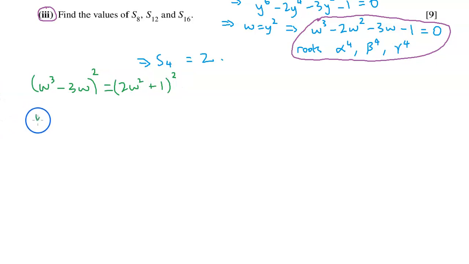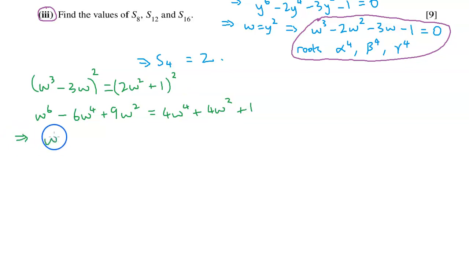Alright, so we get w to the power of 6 minus 6w to the 4, plus 9w squared is equal to 4w to the 4 plus 4w squared plus 1.